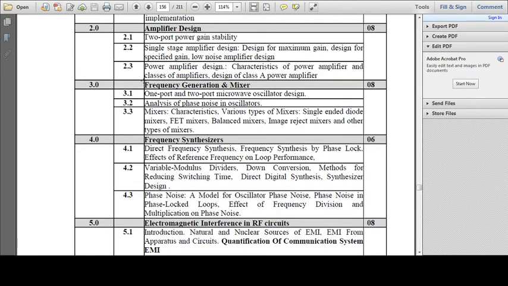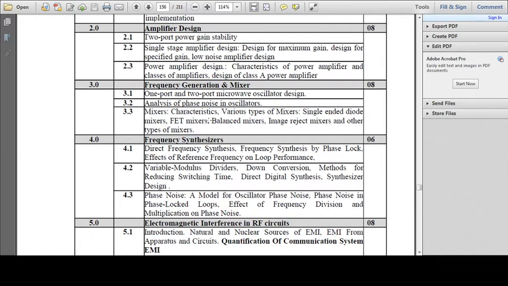Then we go to the third module, that is frequency generation and mixer. In this module, we are going to learn about one-port and two-port microwave oscillator design. What is meant by a one-port or two-port microwave oscillator? The basic concept. Then we study the analysis of phase noise in oscillators. Then we start with the mixer.